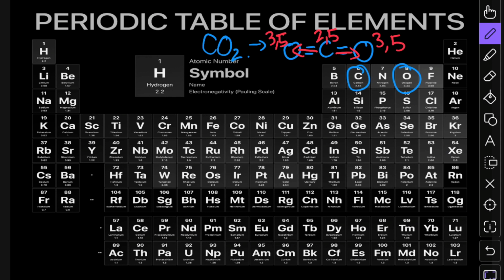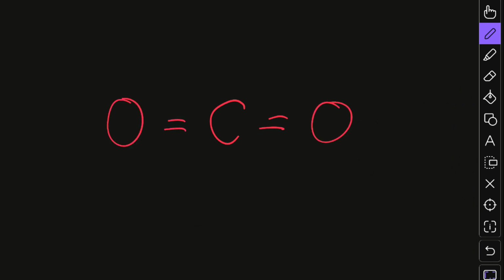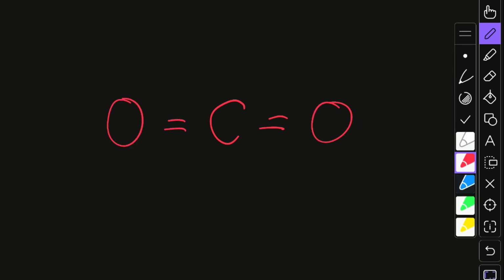Carbon and oxygen are fighting for electrons. Oxygen on either side is going to be winning, but here's the thing. If there's a tug of war in two directions and they're both pulling exactly the same strength, so I've got oxygen, carbon, oxygen.